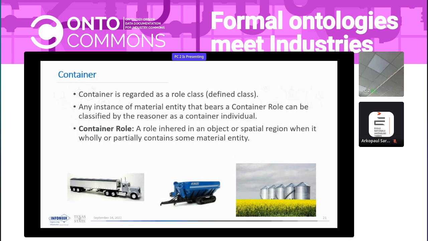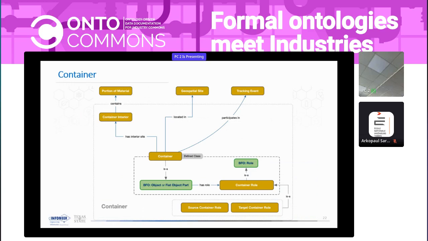But again, we are using role such that every object can play the role of a container. So container role is a role inherent in an object or a spatial region when it wholly or partially contains some material entity. And that's the class diagram for container. As you can see, it is an object or object part or fiat object part.